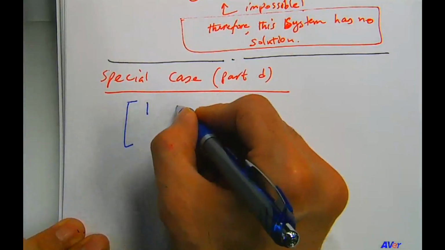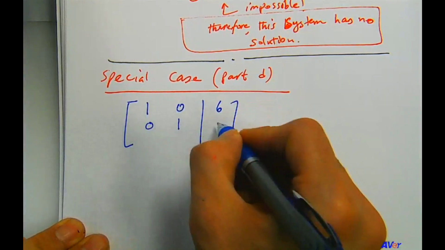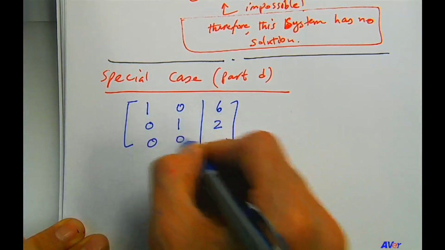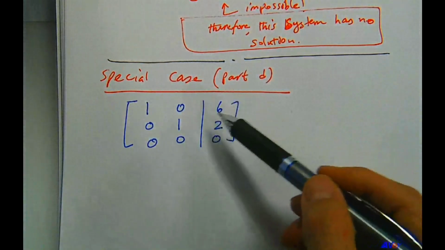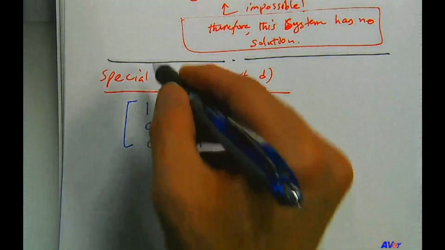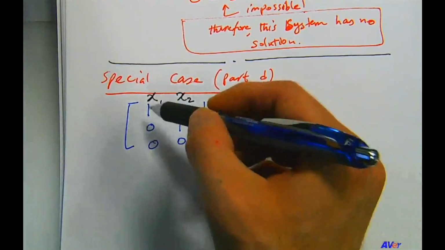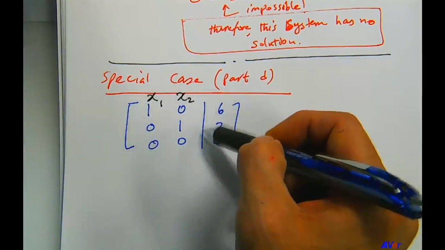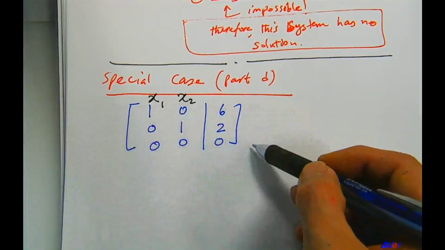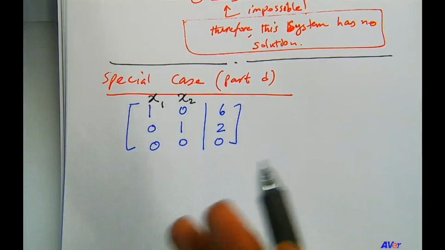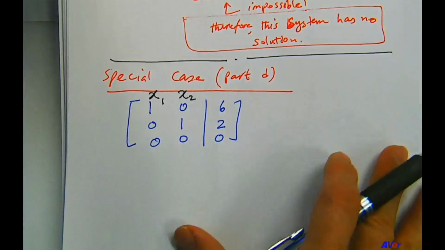So 1, 0, 6, 0, 1, 2, 0, 0, 0. Okay, so in this case, note what is happening. We have two variables. Let's call this x1 and this one x2. We have two columns on the left of this. These are the constants. And we have three equations. So we have more equations than we have variables. And that always leads to this kind of a special case.